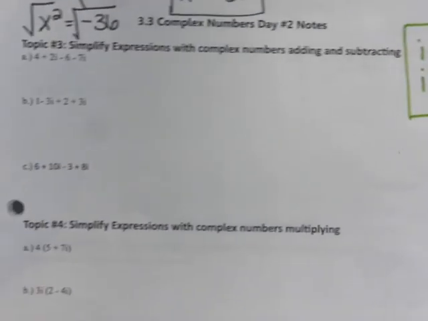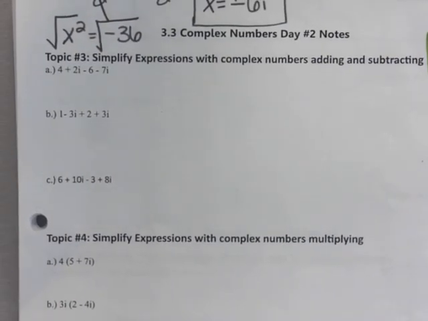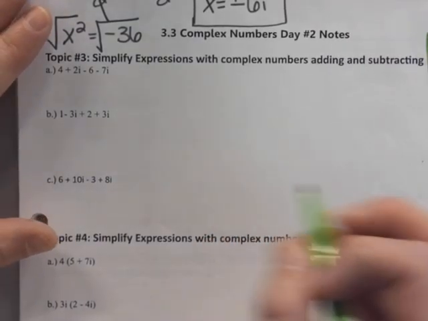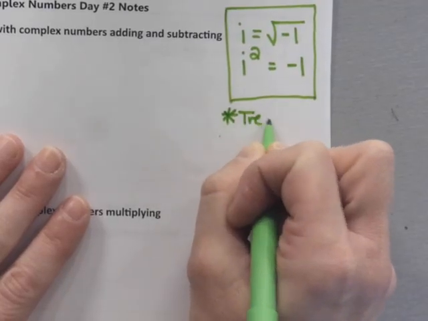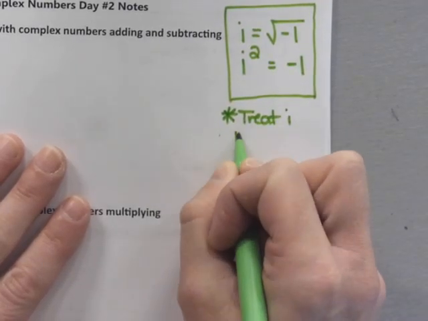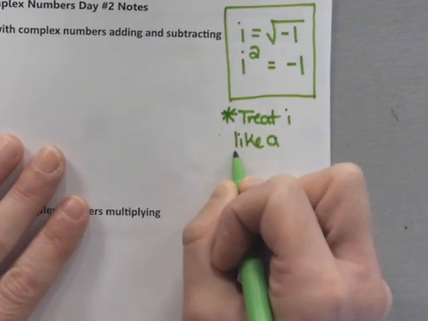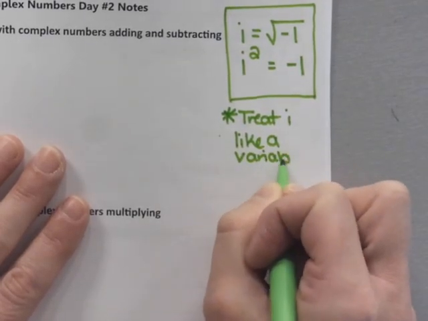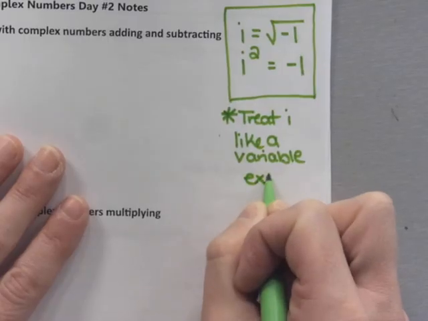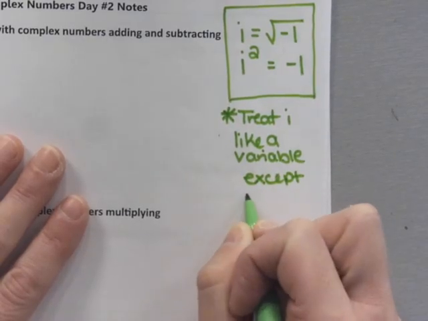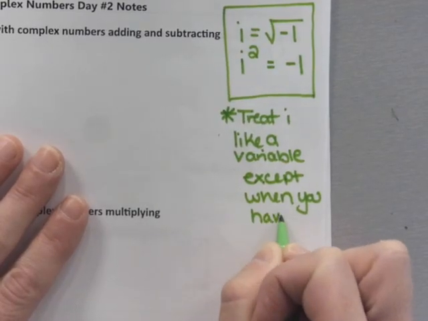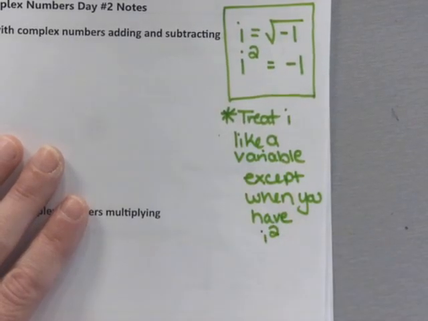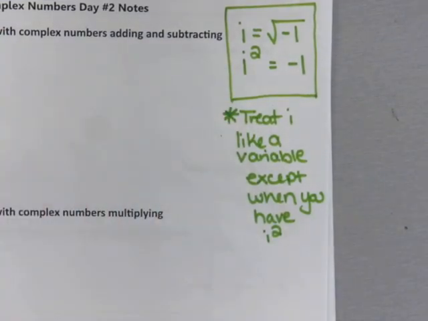All right, so we're going to add and subtract and multiply just like we've been doing. You're going to treat i like a variable. Actually, let me write that over here too. So we're going to treat i like a variable, except when you have i squared, in which case, remember, we're replacing it with -1.